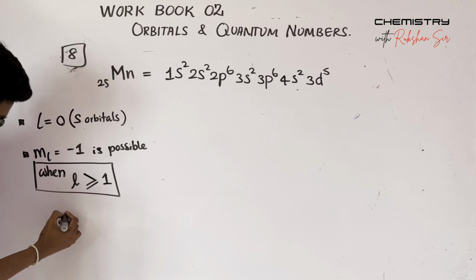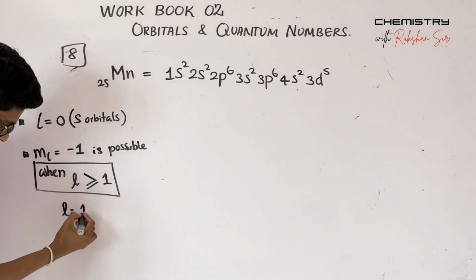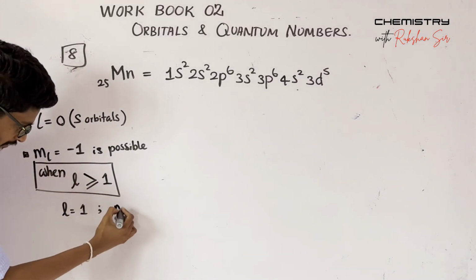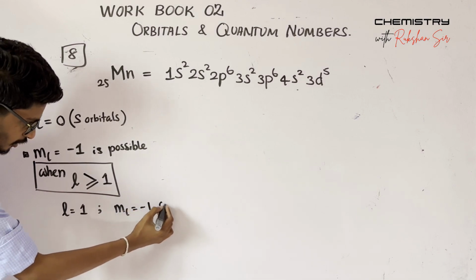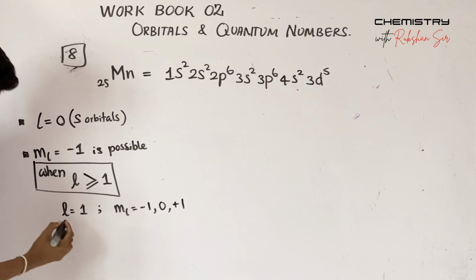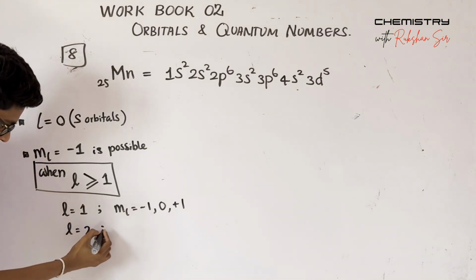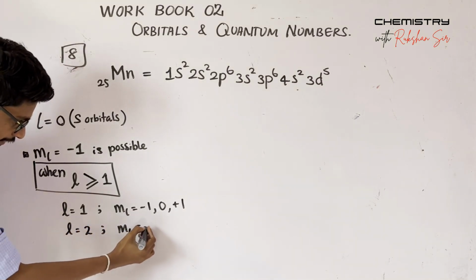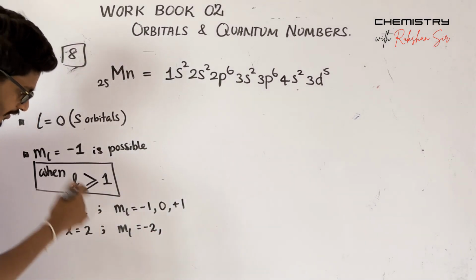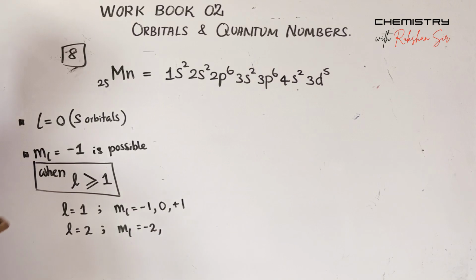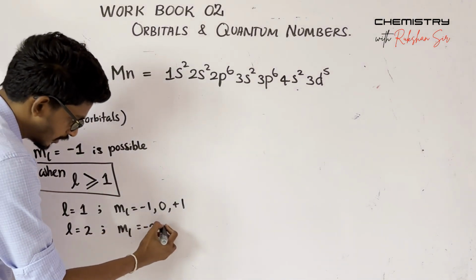Because when the L value is equal to 1, you can have these Ml values: minus 1, 0, plus 1. When the L value is equal to 2, you can have minus 2 to plus 2 Ml values. So Ml is actually minus L to plus L, along with 0.